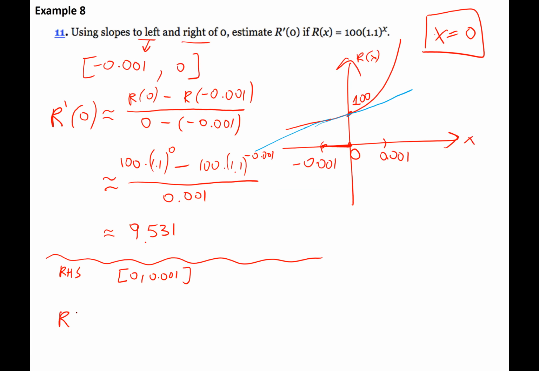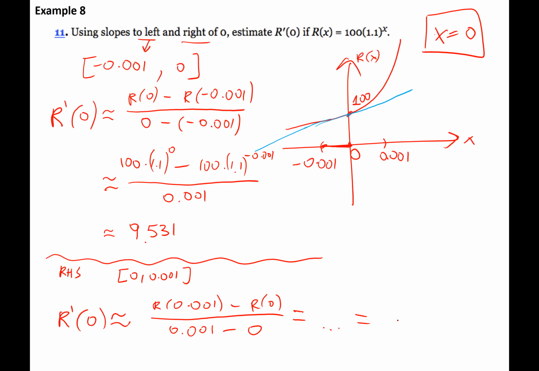Then the same thing, approximating the derivative: it will be the value of the function at 0.001 minus the value of the function at 0, over this value minus this one. I will skip my writing. This is also 9.531. Actually, you can use the calculator and check this.